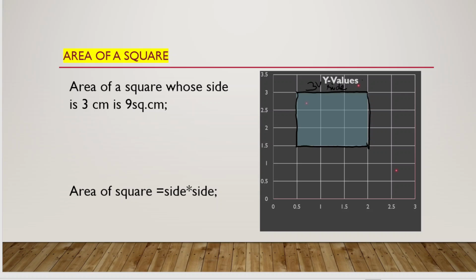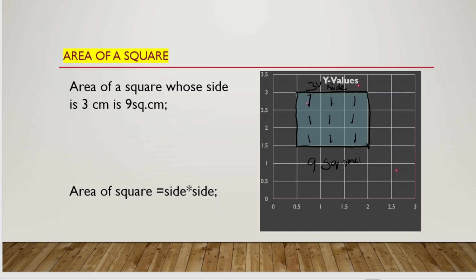This square exactly fits into the squares of the graph sheet. So each square is denoted as 1 square unit, and the area of this square is 9 square units because this square exactly fits into the 9 squares of the graph sheet.